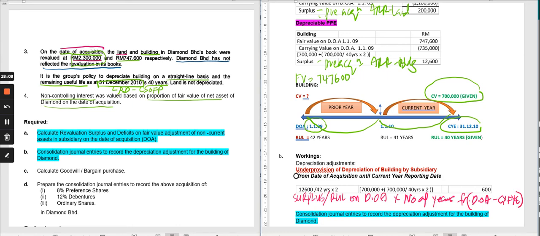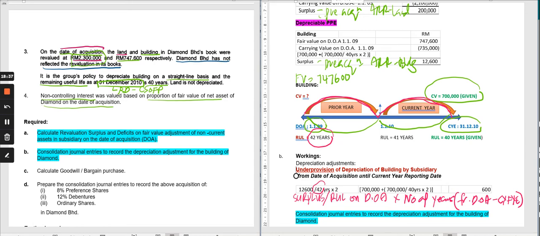So that should be what you do to get the correct figure. So you should be doing the adjustment for 2 years. So that's why you have 12,600 divided by 42, which is the remaining useful life on 1st of January 2009, the date of acquisition, and multiply by 2 because it has been 2 years since you acquired.